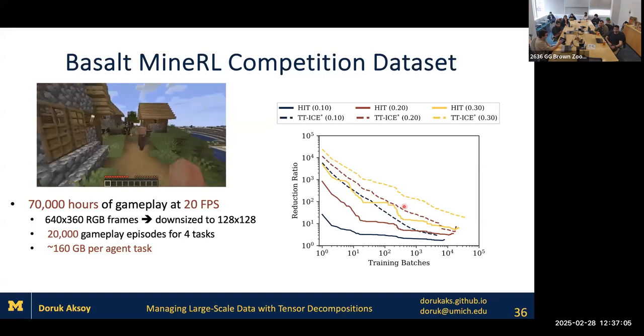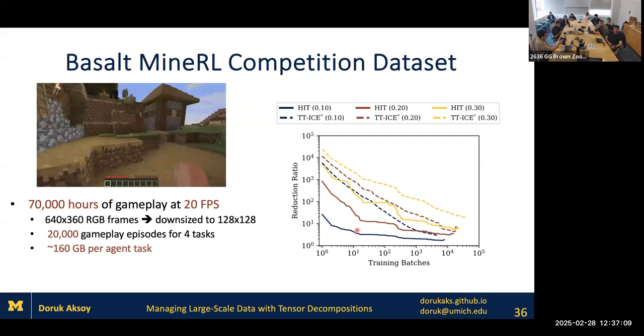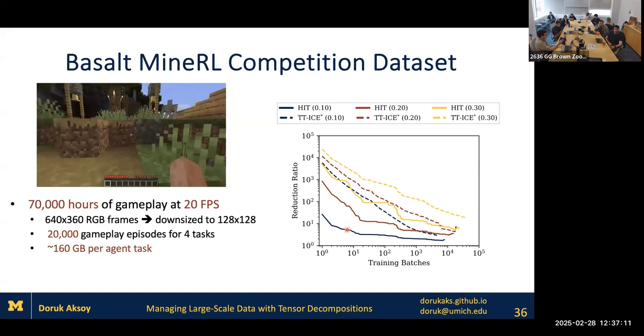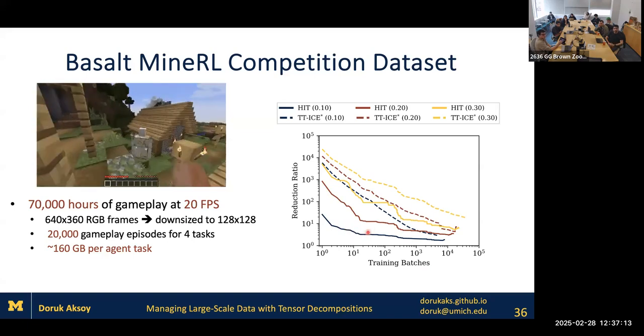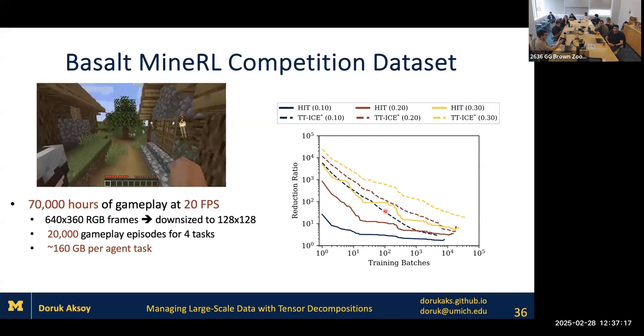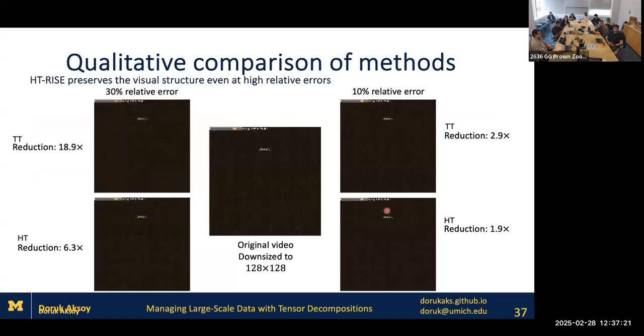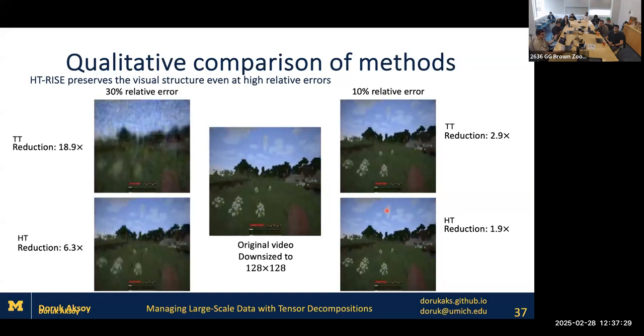And from the looks of it, the hierarchical Tucker also struggles at higher approximation accuracy, and TT-ICE looks to be performing better. But if we go over to the qualitative comparison, we actually have an interesting observation.